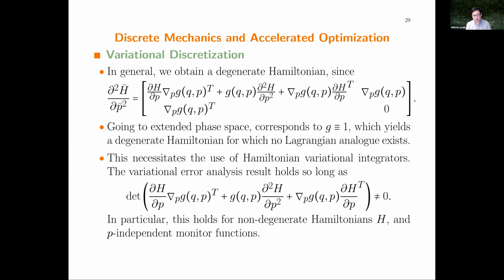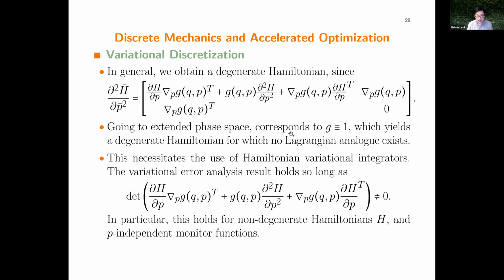Okay, so why is this significant? This is significant, obviously, because all the methods which I talked about are based on the Lagrangian formulation. So in order to use this Poincare transformed formulation, you need to construct variational integrators now on the Hamiltonian side. Okay, so that's something to just keep in mind.